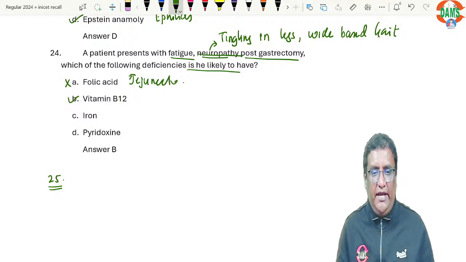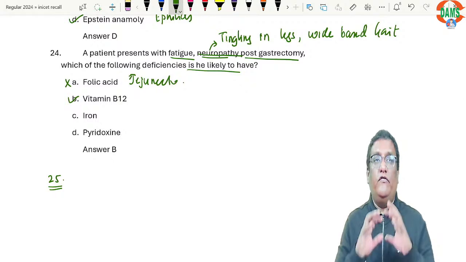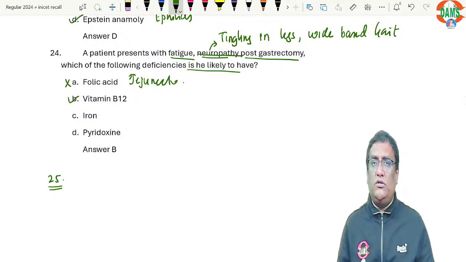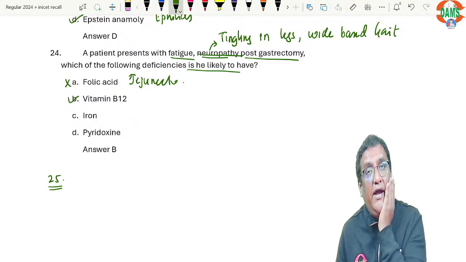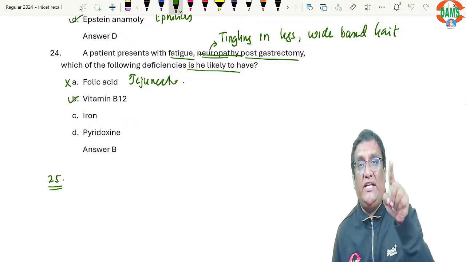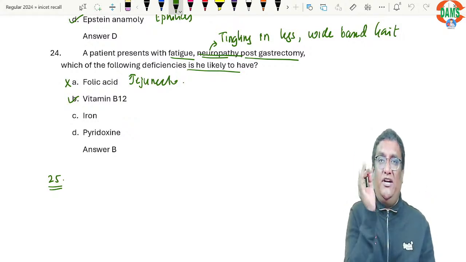So yes, any other questions which I have left behind? Please. I have taken all your questions. I hope all of you have got the concepts right and the answers right, by the way. Paper was not tough. And I will tell you one more thing. Patho and OBG are two subjects where your strike rate can reach 100% as well. If your concepts are correct, you will get 100% questions correct.